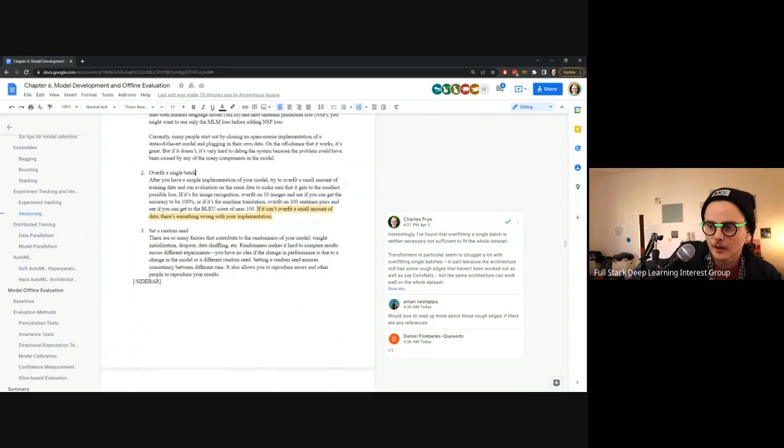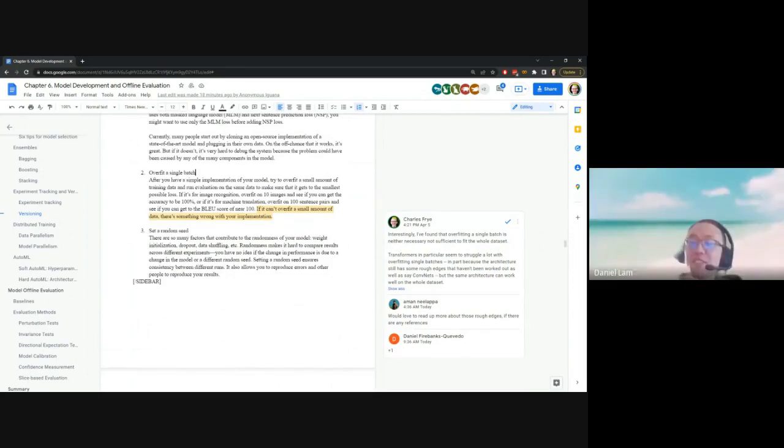I'm not that familiar with the NLP world, but when you said you can't fit a transformer on a small batch, I immediately thought there must be something that needs to be added to the transformer. Maybe it does make sense, but I don't understand how it can only work on a really large data set.